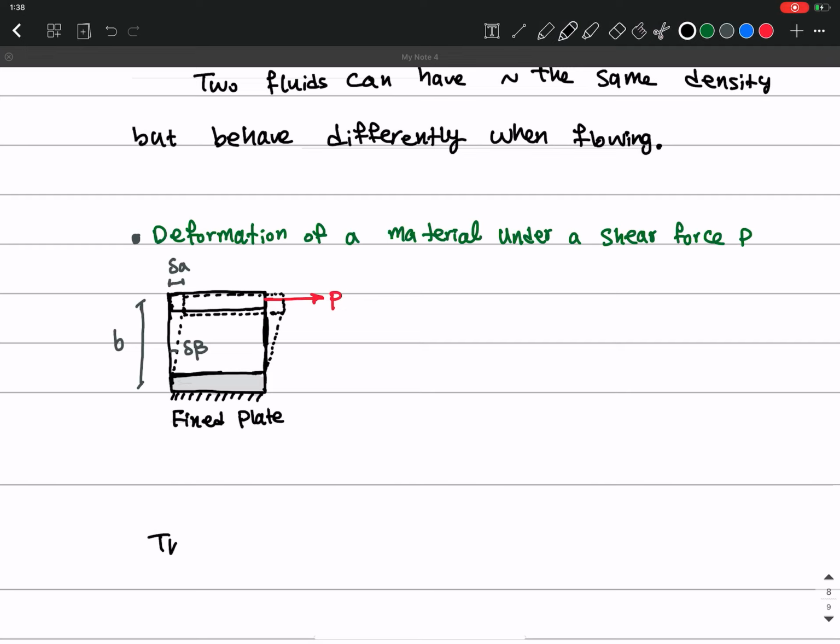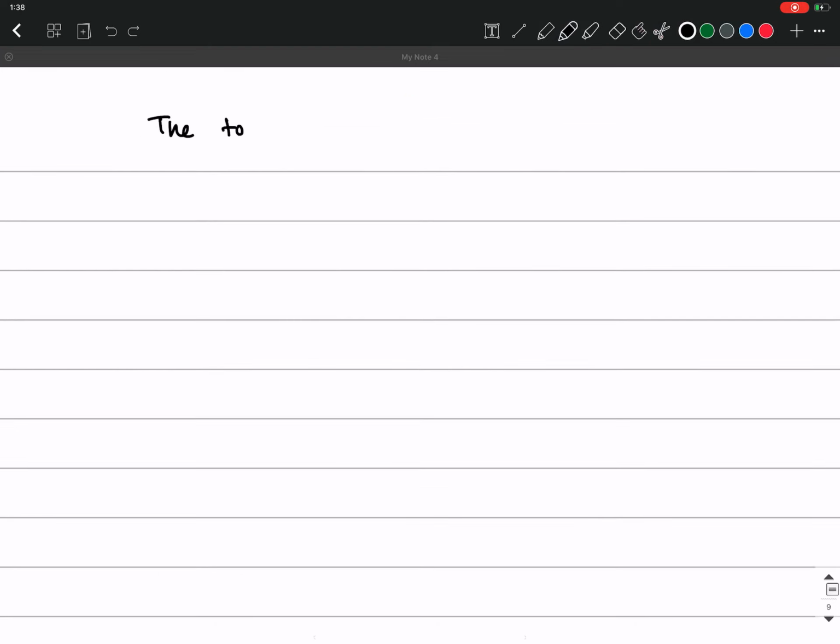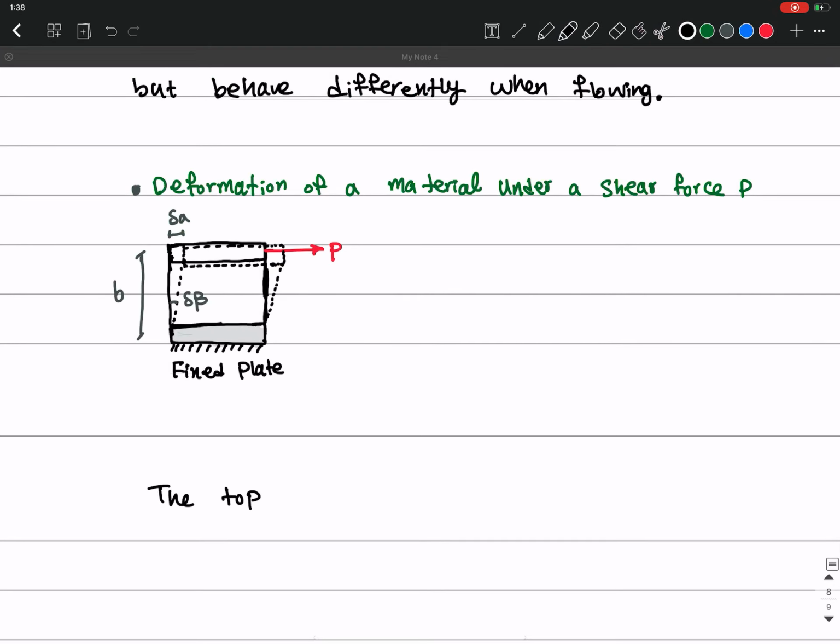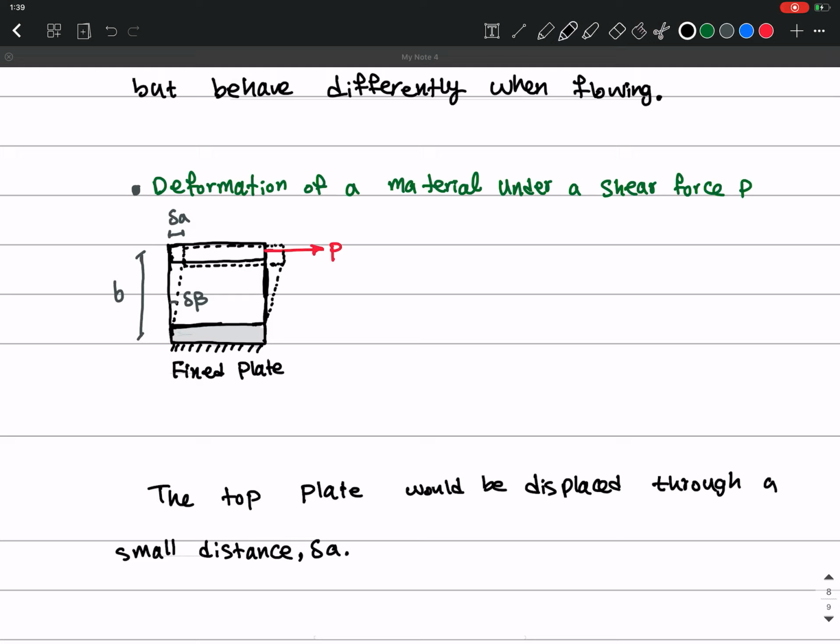The top plate would be displaced through a small distance delta A, okay?